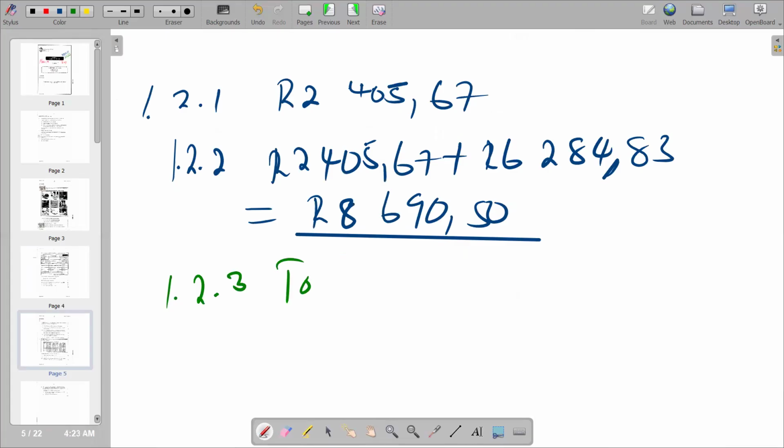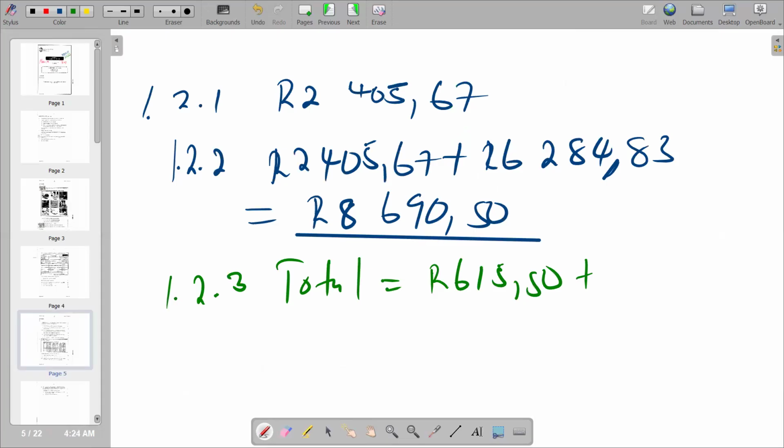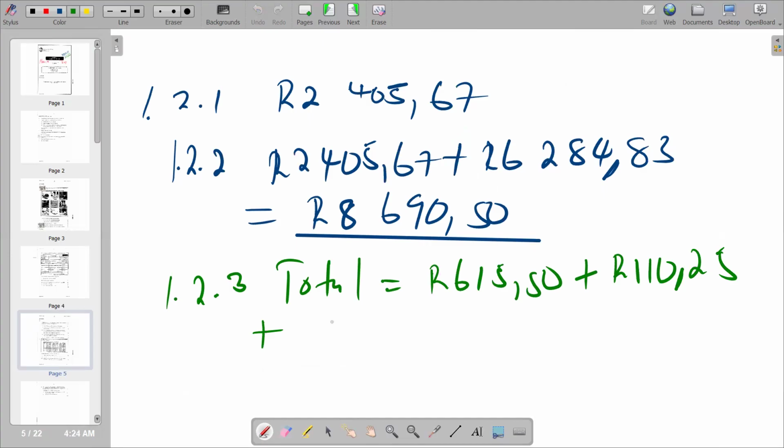So we come to the answer section and just add those, whereby we are saying this is 1.2.3, the total is equal to, we've identified the first one as 650 rands 50 cents, and then we add 110 rands 25 cents, and then finally we add 309 rands 80 cents.